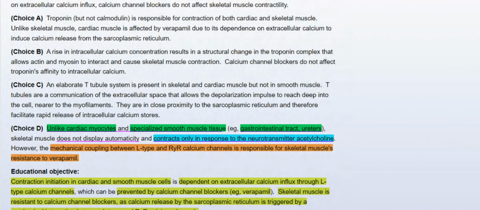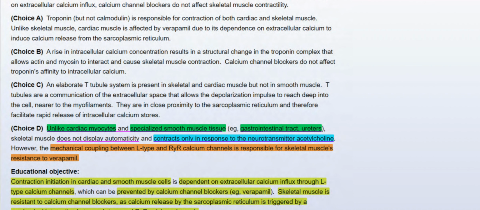Why not option D? Unlike cardiac myocytes, specialized smooth muscle tissue, for example gastrointestinal tract and ureters, display automaticity. But they are talking about skeletal muscle. It doesn't display automaticity and contracts only in response to the neurotransmitter acetylcholine.